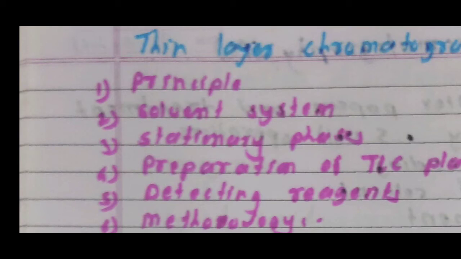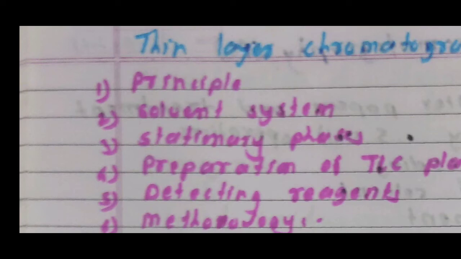Some adsorbents may degrade some solutes. When a polar mobile phase is used, it covers the adsorbent particles, forming a liquid film around them. This liquid film acts as a stationary phase, and TLC operates as a partition chromatography.